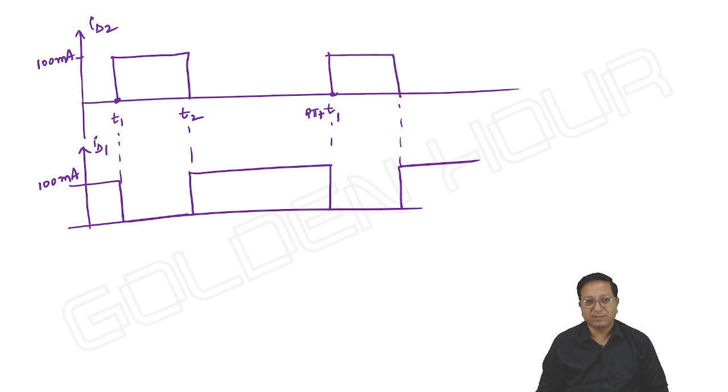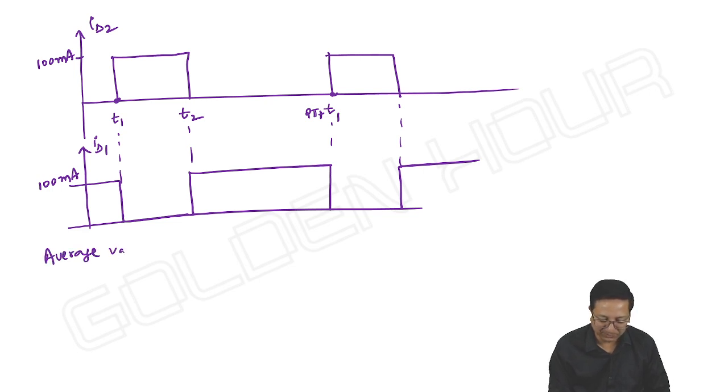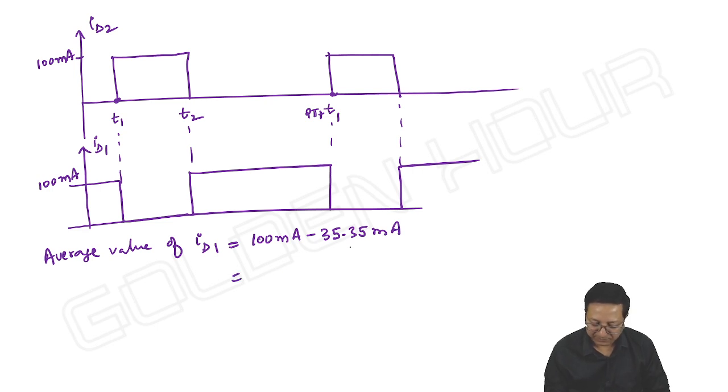So the average values of ID1 and ID2 should add up to 100 milliampere. So the average value of ID1 is equal to 100 milliampere minus 35.35 milliampere, which is 64.65 milliampere.